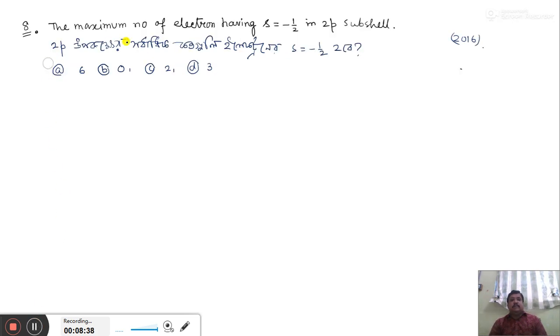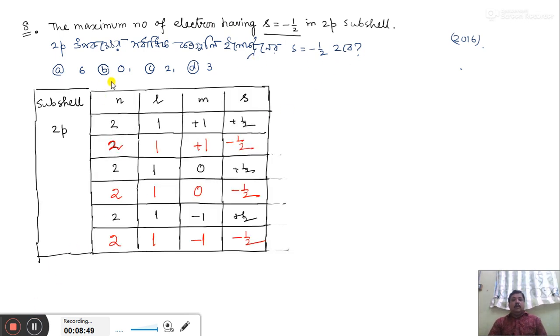The next question is: the maximum number of electrons having s equal to minus half in the 2p subshell. Now we know for the 2p subshell the n value is 2 and the l value is 1. For l value 1, the values of m are plus 1, 0, minus 1.